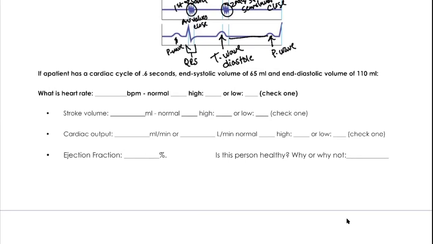And ejection fraction is the amount of blood pumped out of the ventricle as a percentage of what was actually available to pump out.